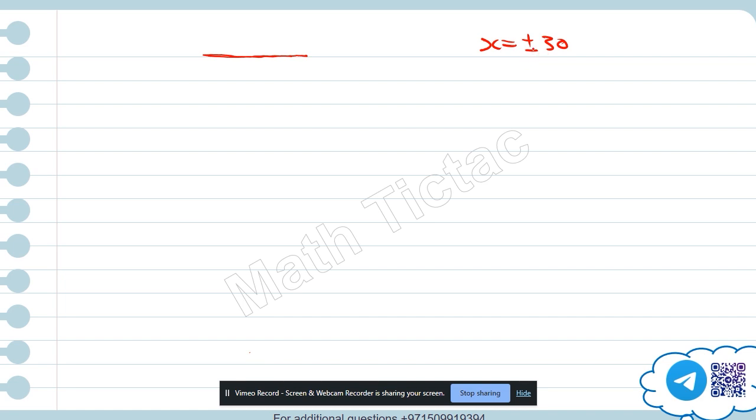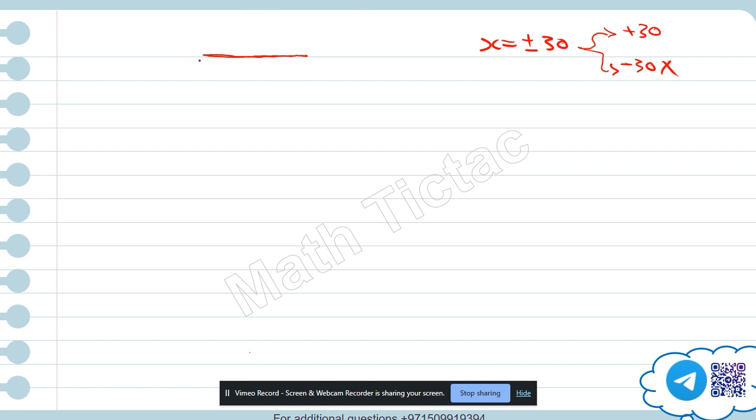Mathematically, it's correct to take positive and negative 30, that's correct 100%, but logically it's incorrect. So I will take only the positive 30, and the negative 30 will be rejected because we cannot have a side with a negative length.